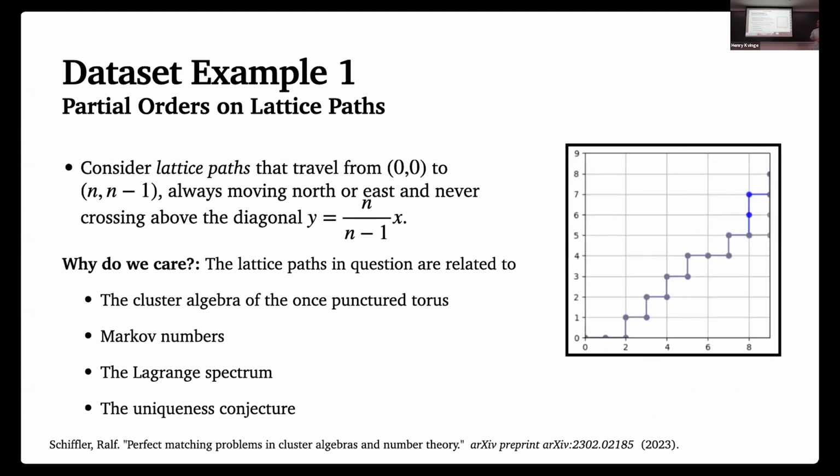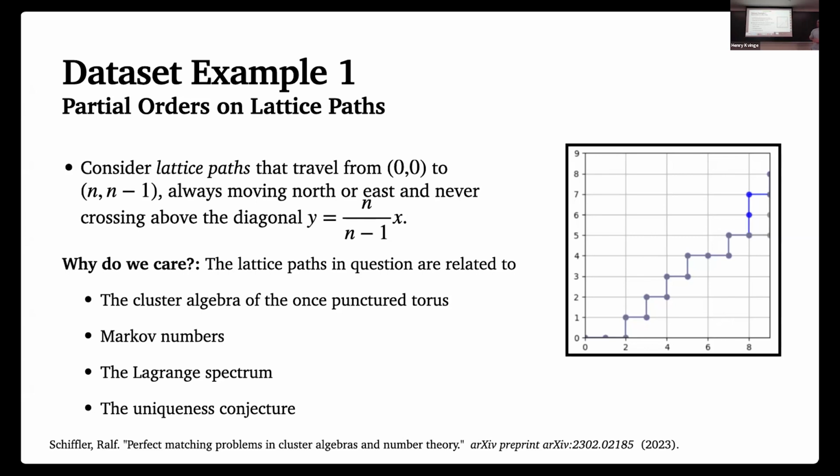So for some examples of this, one can look at partial orders on lattice paths that travel from (0,0) to (n-1,n-1) and never cross above the diagonal on this grid, and only travel east and north.